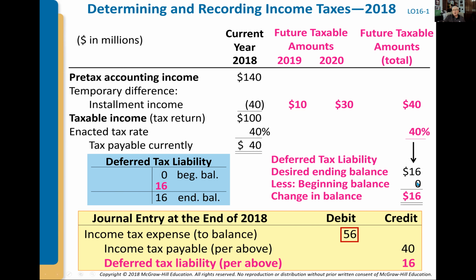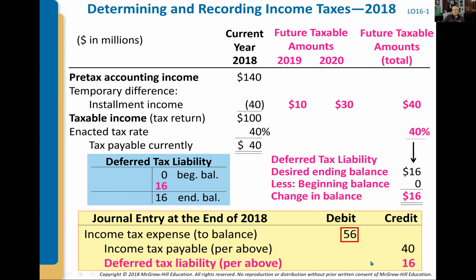This is easy because it started with zero, and the whole amount becomes a deferred tax liability. This is now creating the deferred tax liability. So in step two, we credit the deferred tax liability. Also in step two, we need to take care of our deferred tax assets. There are none in this problem, so we're easy.